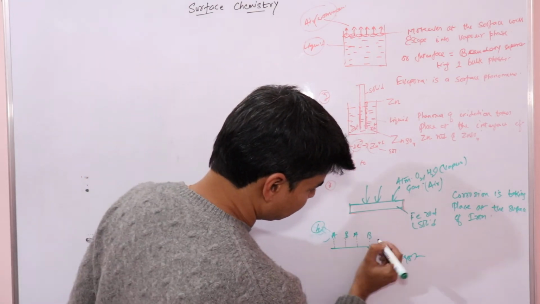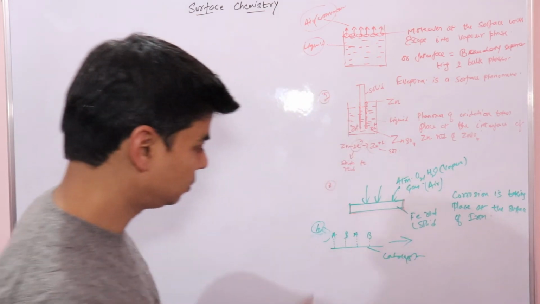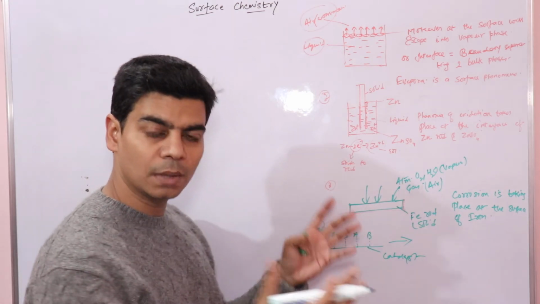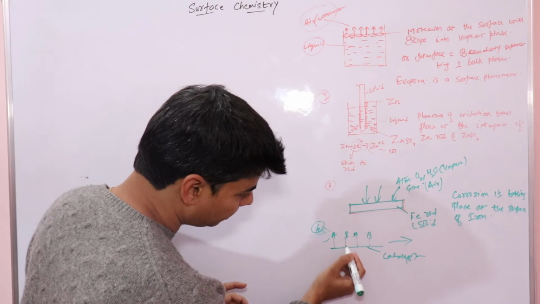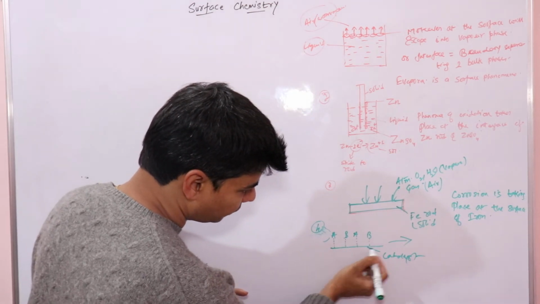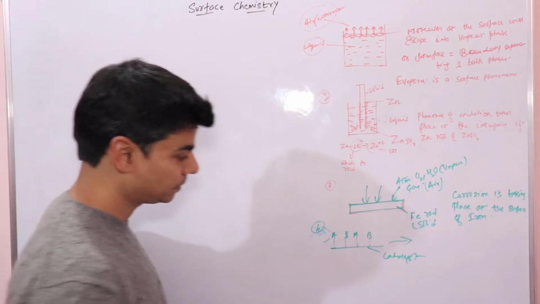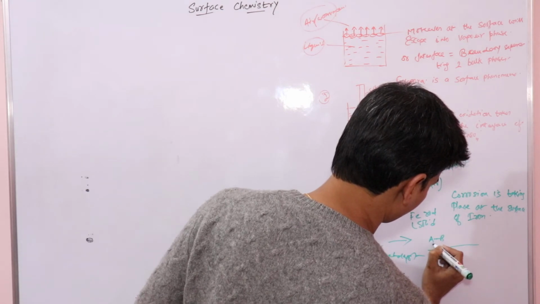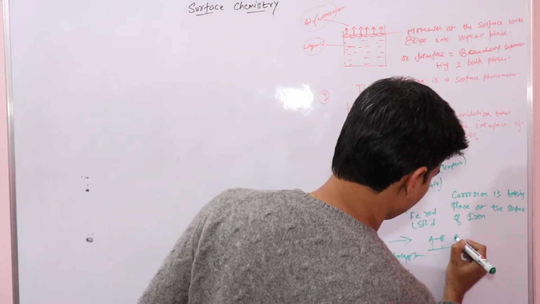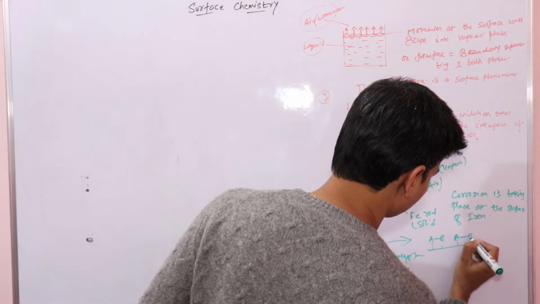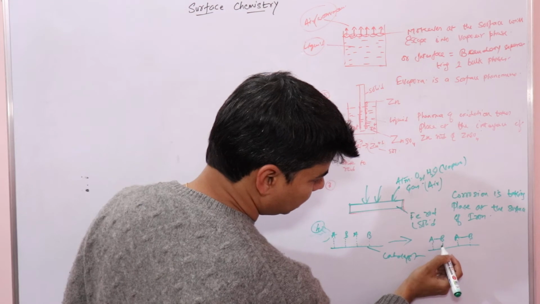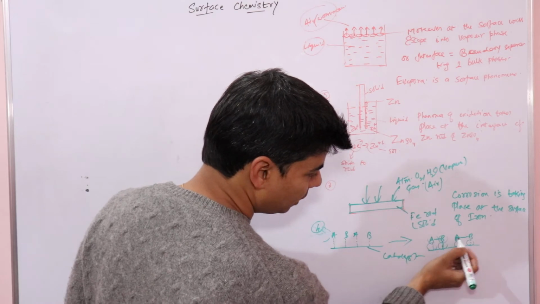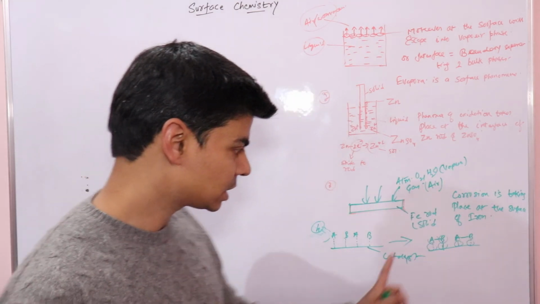Since this catalyst is helping these gases to come close to one another and react by forming temporary bonds with them, if you notice, this phenomenon is also taking place at the surface of the catalyst. So this is how it will happen. Then later these bonds will break, and new bonds will form between the reactants.